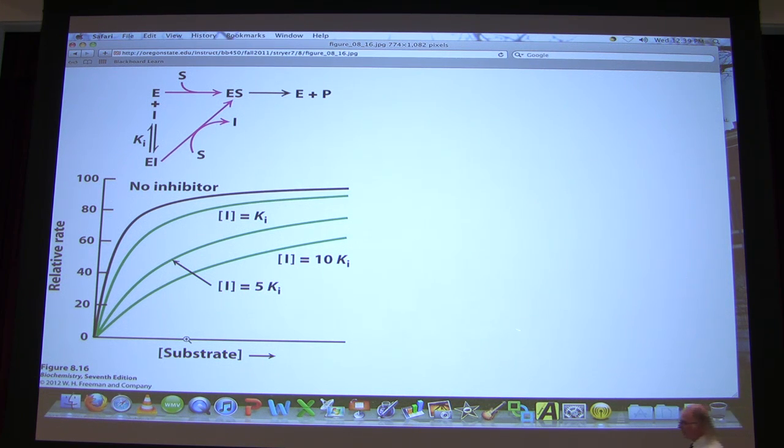If I go far enough out, I might have 1,000 or 10,000 times as much substrate as I have inhibitor. 99.9% of the time, the enzyme, when I get to high substrate concentration, is going to be finding substrate, and 0.1% of the time, it might be finding inhibitor. Everybody follow that? At very high concentrations, that's what's going to happen.